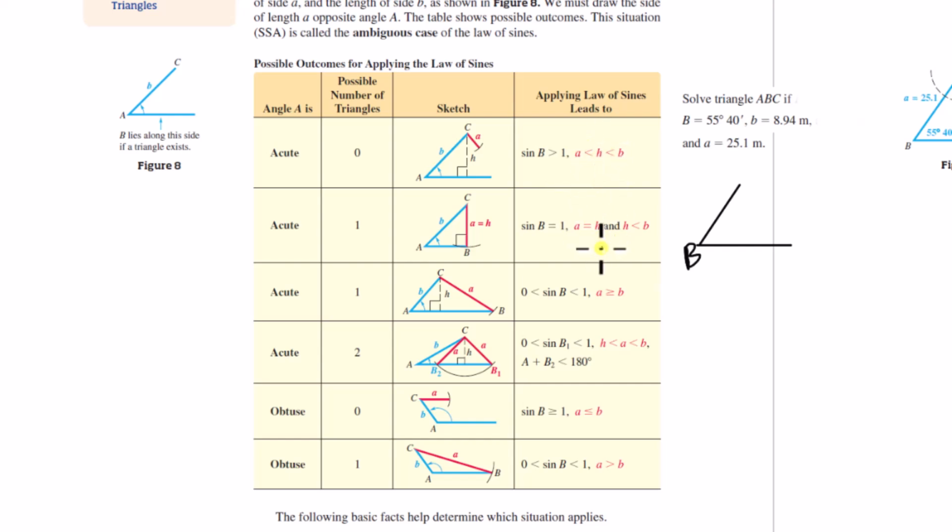We're going to ignore that. You're not going to think about the height. If you're dealing with the ambiguous case of the law of sines, you don't have to think about a height. I'm going to give you a method to where you don't have to think about it.